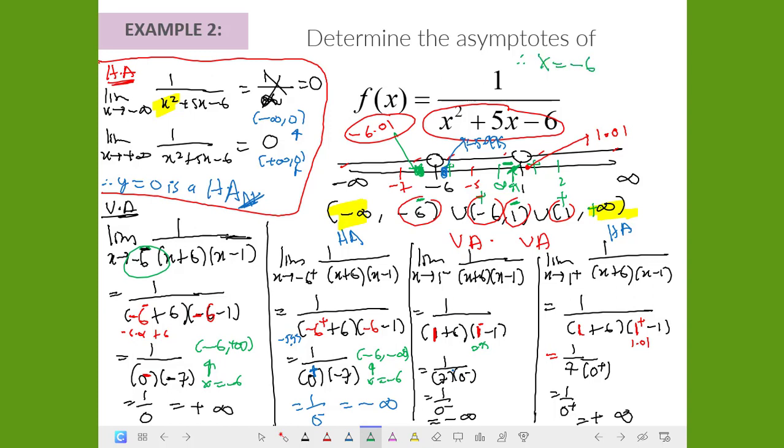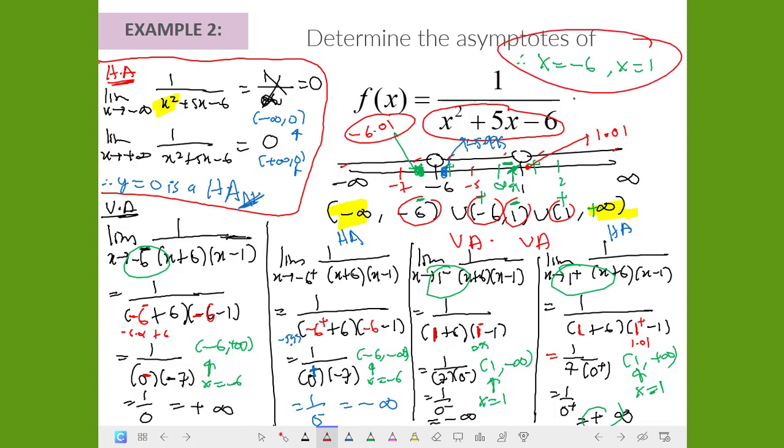And check for this one, 1 with positive infinity, so x equals 1. So x equals negative 6 and x equals 1 are vertical asymptotes. Okay, that settles this example.